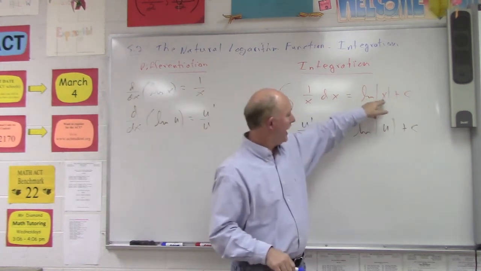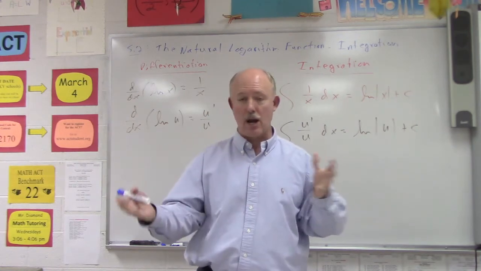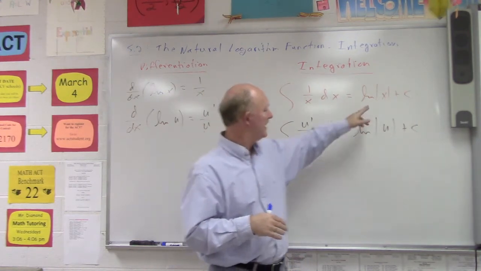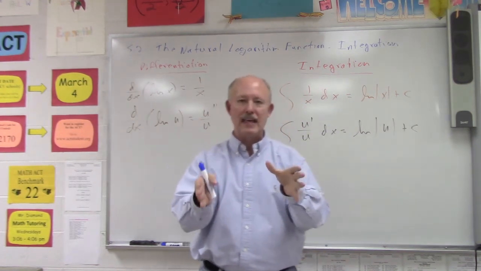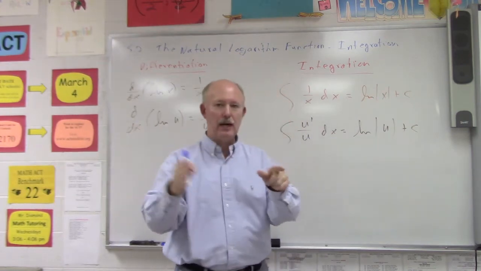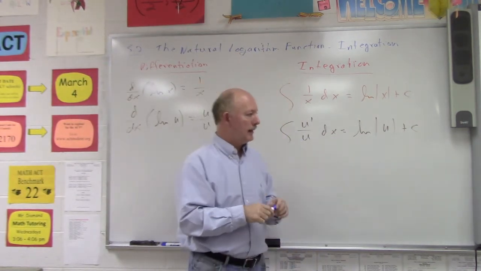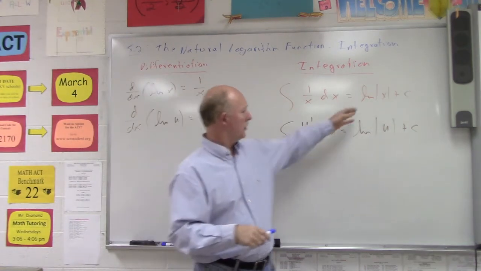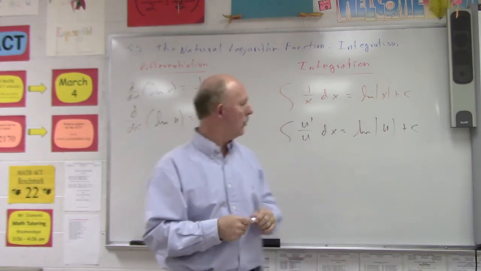We have to put the absolute value on the x because natural log cannot be negative, so we can't use any values for x that would make the natural log negative. We put an absolute value here to make sure it comes out positive. The domain of a natural log function, remember, requires the answer part to be greater than 0. It can't be equal to 0 or negative.